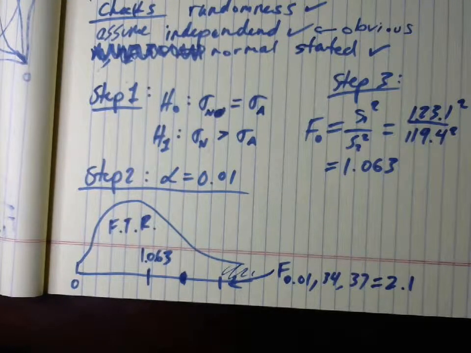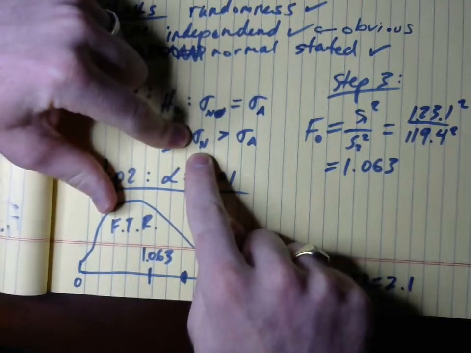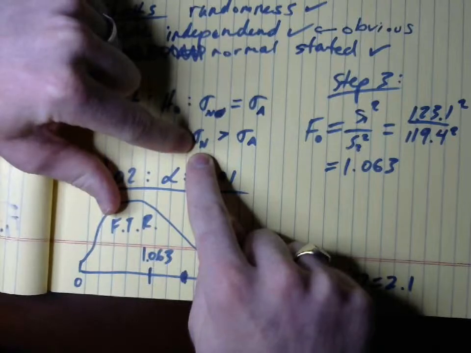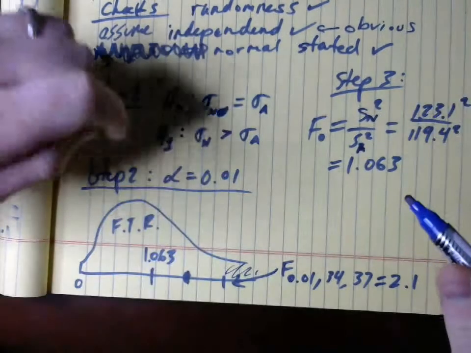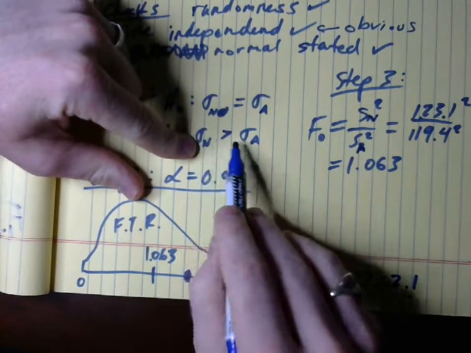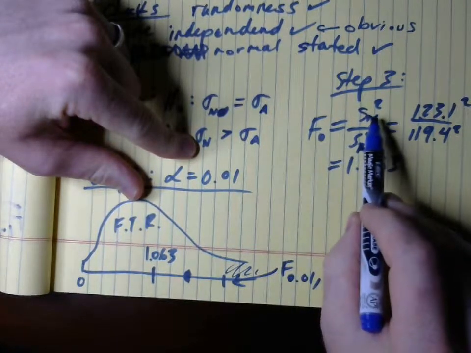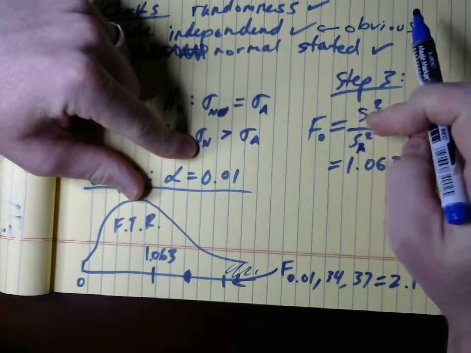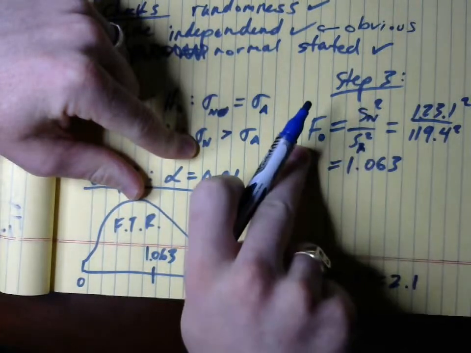To think about why this would be fail to reject, think about this logically. If we want to figure out if sigma n is greater than sigma a, and that's true, then this is going to be larger than this, which makes this ratio really large.